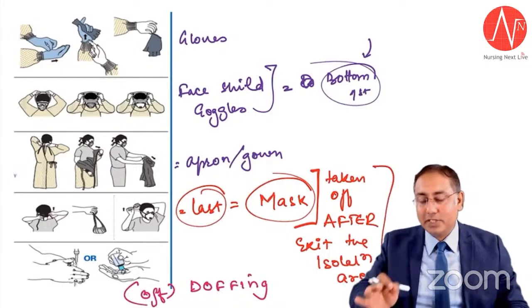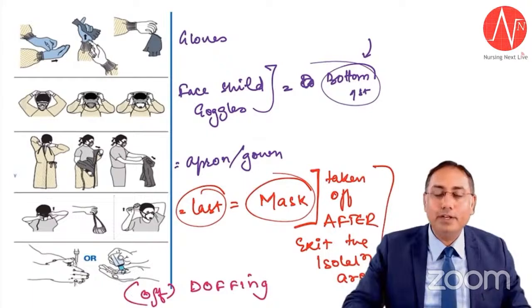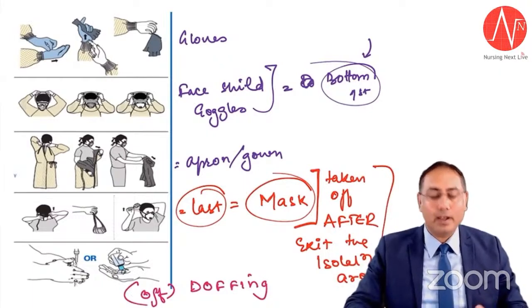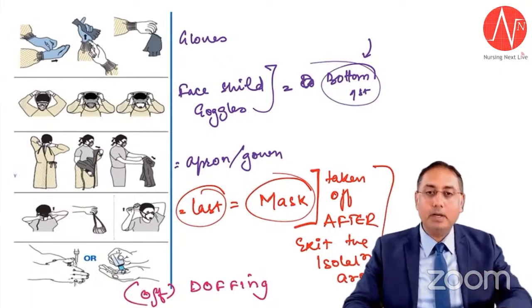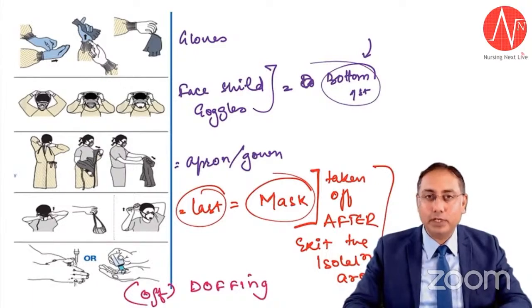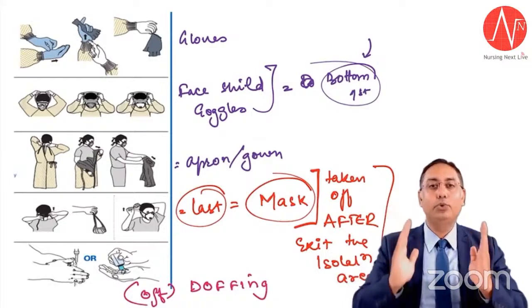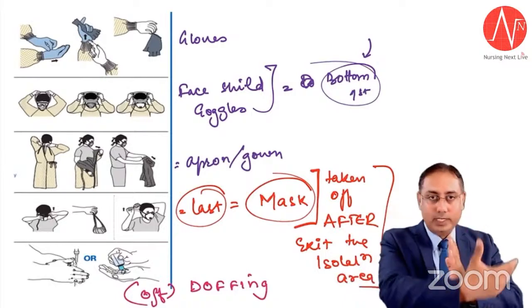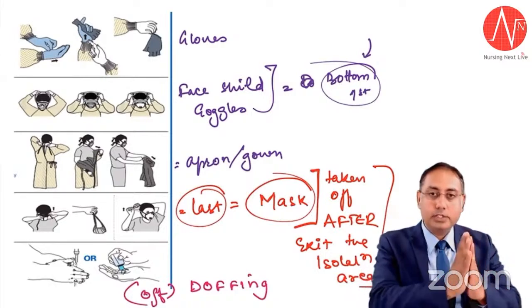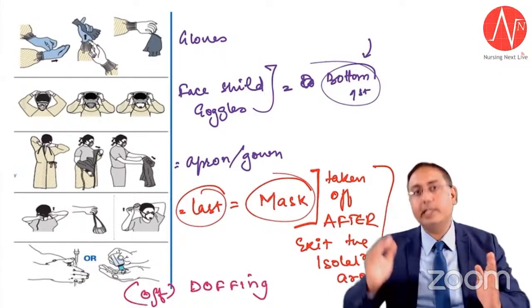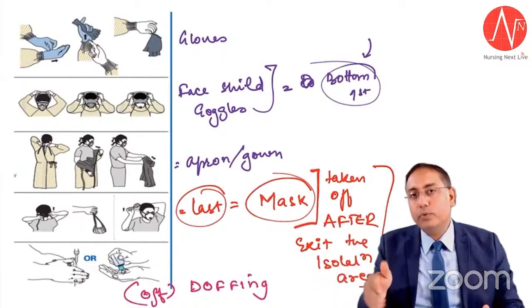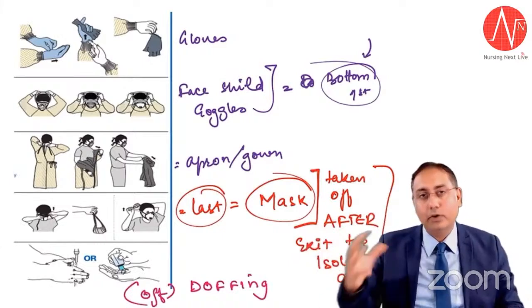So beta, have you ever been to an isolation ward? Have you ever been to a COVID-19 or measles or chickenpox isolation room? There will usually be 2 doors. The first door is for inside the room, then there is a changing area, and then there is the outside door. The outside door will lead into the corridor in the hospital.